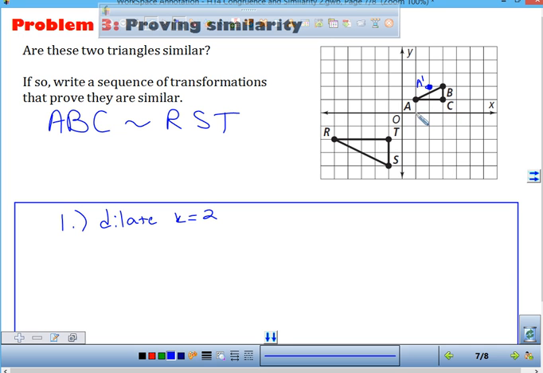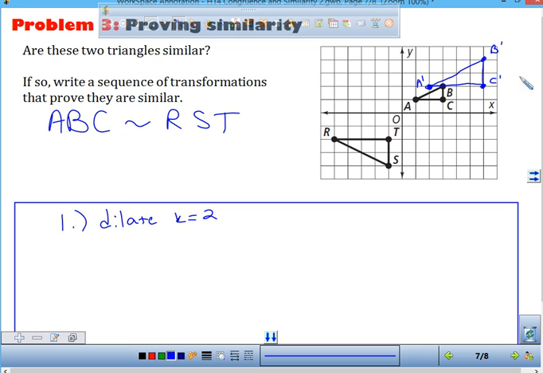So 3, 2 becomes 6, 4. That is B prime. And C prime is at, C is at 3, 1. C prime would be at 6, 2. Now we have our shape that's the same size.